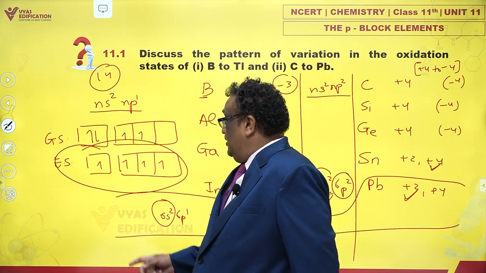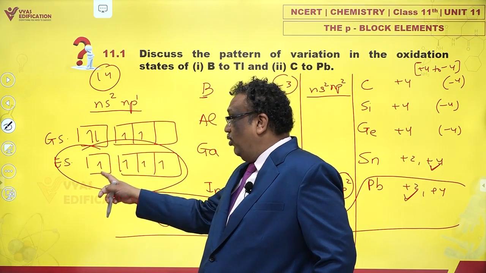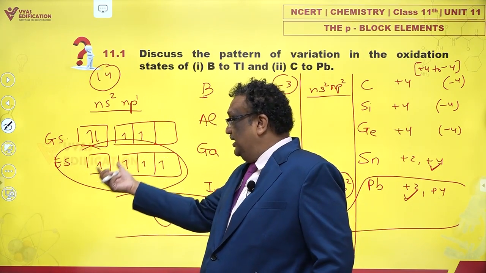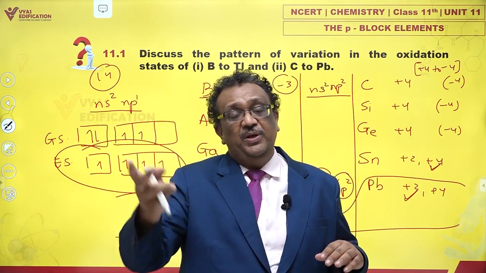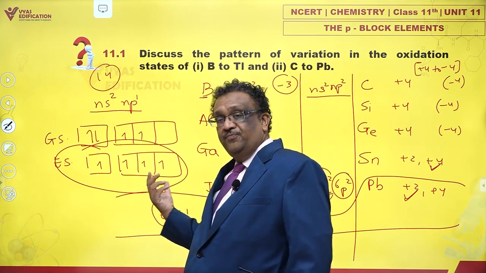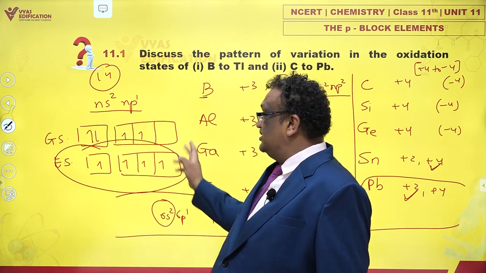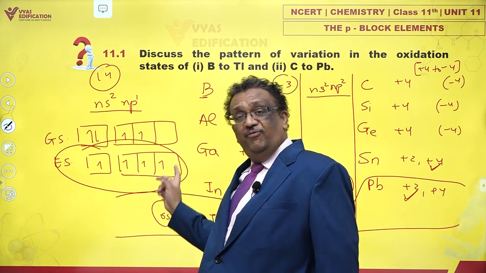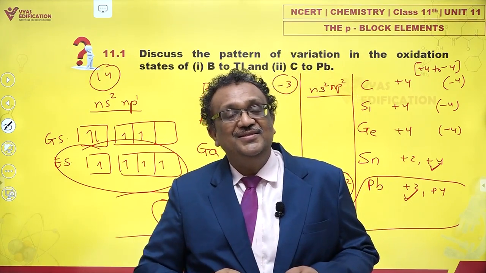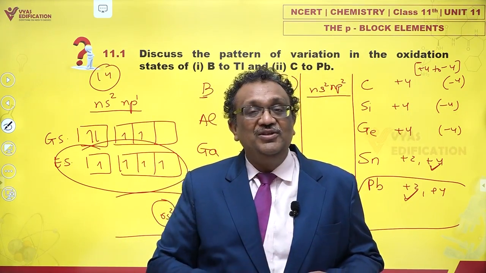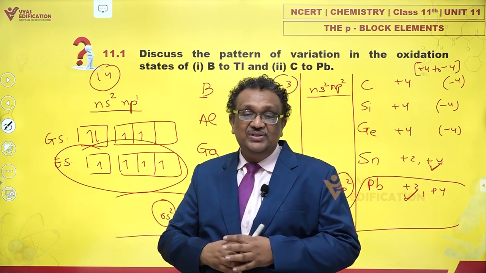Now, this excitation involves some increase in energy. From 6s, if the electrons have to be excited to 6p, you have to give some energy. What is the advantage? The advantage is instead of 2 bonds, now you can form 4 bonds. Down the group, bond length increases, yes. Because bond length increases, bond strength decreases, yes.